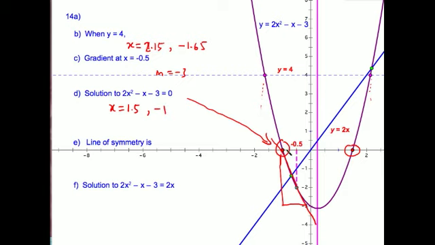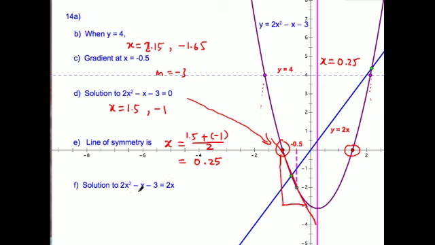And the line of symmetry is simply averaging out the x-intercepts, which is 1.5 plus negative 1 divided by 2, giving us 0.25. This line is x equals 0.25, the line of symmetry.